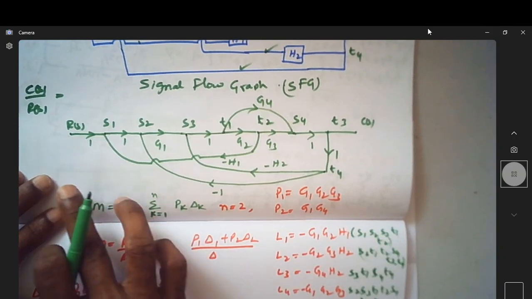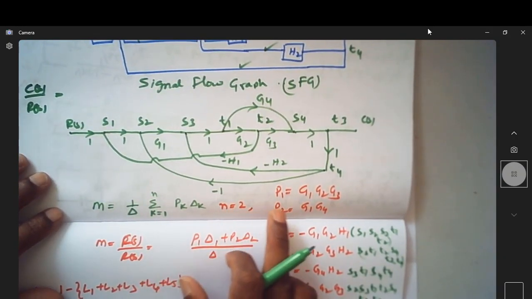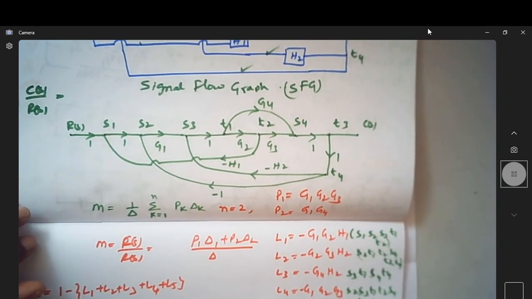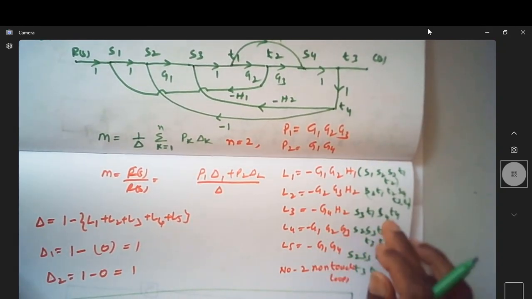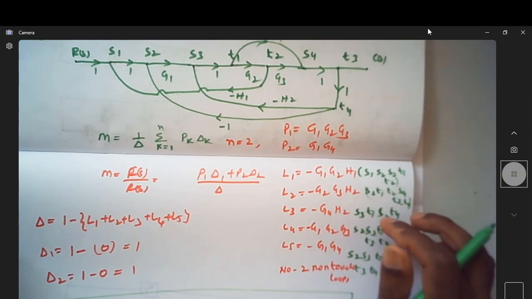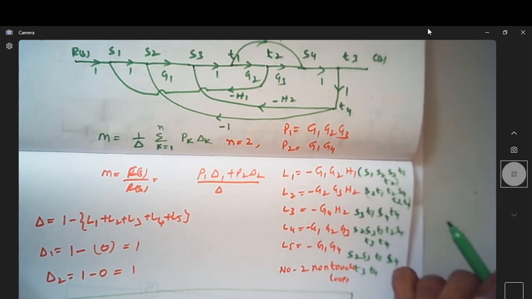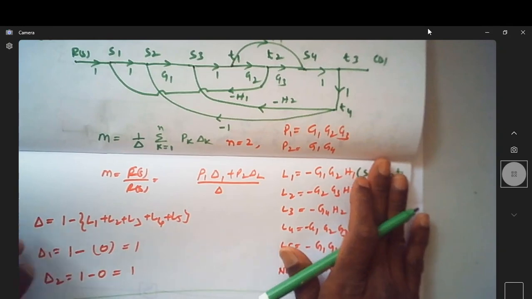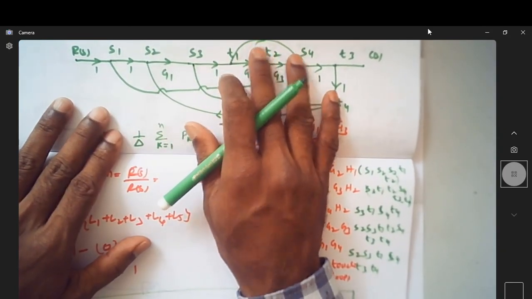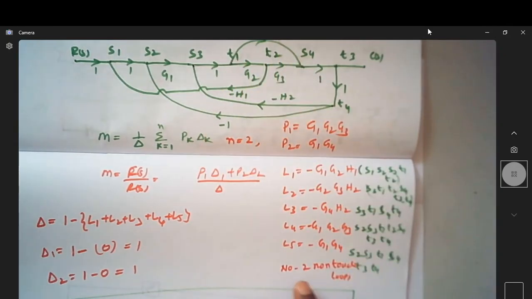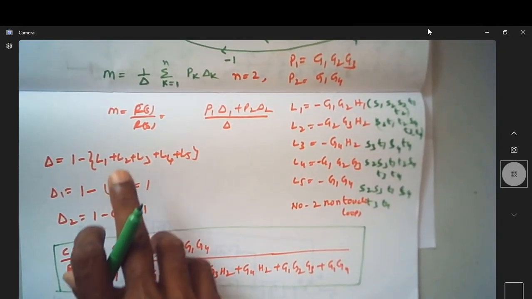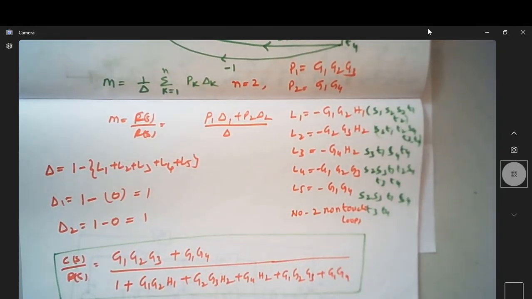Then once you are done, it is identification of the number of forward paths, their forward path gain, identification of loops and their loop gains, and of course this is just an indication of which nodes are associated with each node. This will be helpful to identify the two non-touching loops. Of course you can do away with this also, because this is very clearly visible over here. So all the loops touch each other, meaning there are no two non-touching loops. Once you are done with this, next is to use this formula of Mason's gain rule and try to get the overall final transfer function of the system. So this is the transfer function.